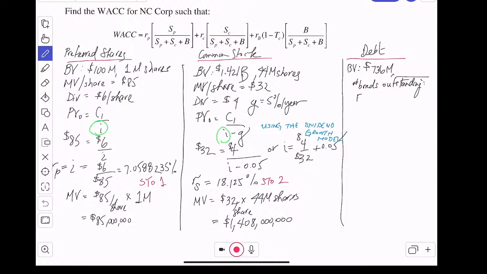Since the face value was 1,000, that means that you need to divide 736 million by 1,000 to know how many are outstanding.